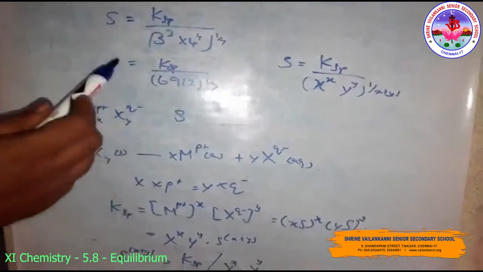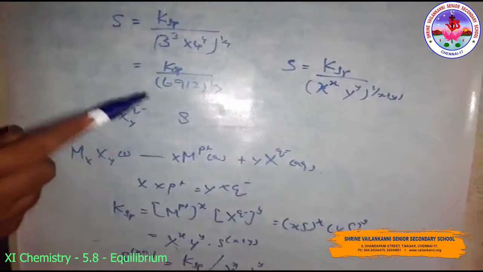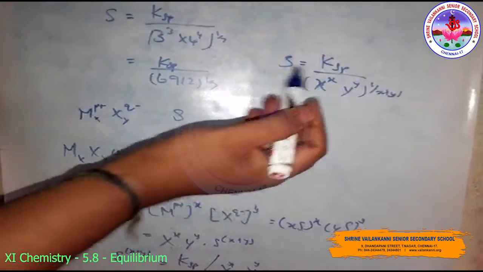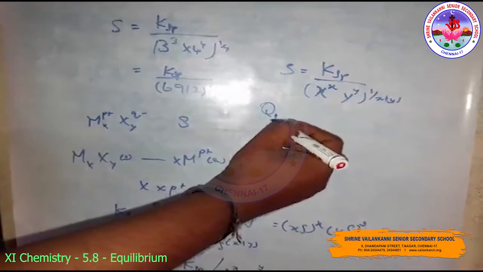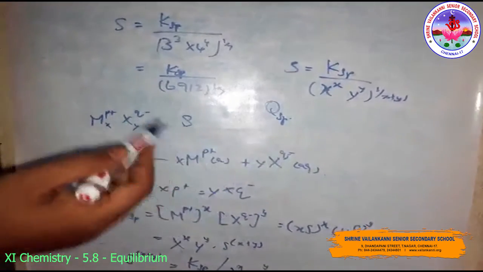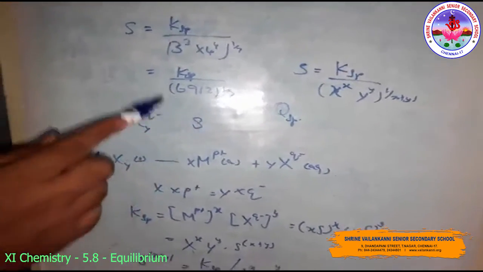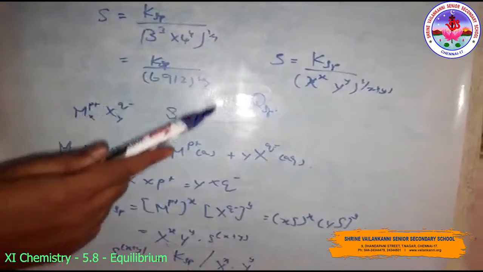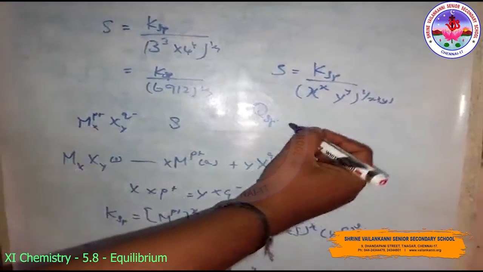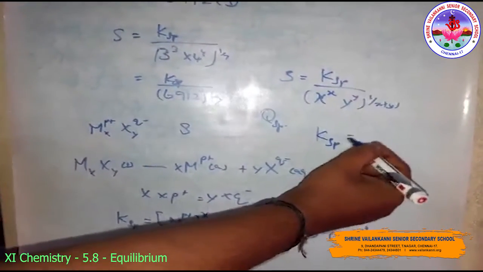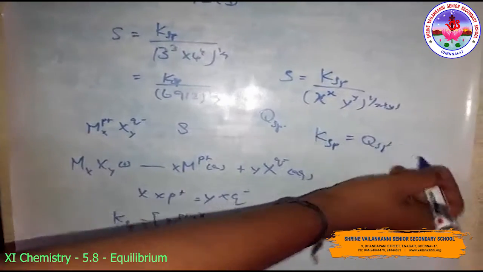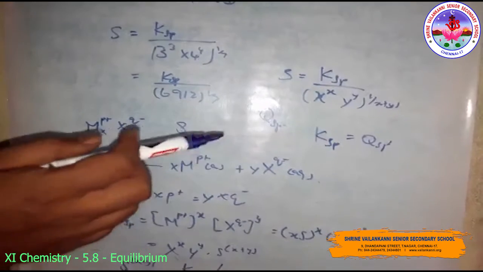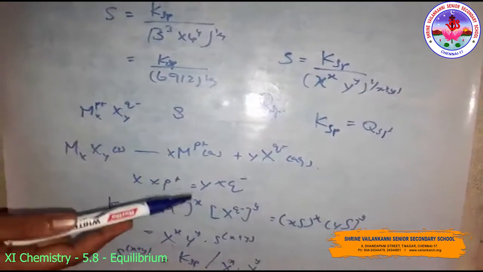So in the Ksp equation, already we have seen that this Qsp is the concentration of the one or more species not under equilibrium concentration. Obviously under the equilibrium condition, Ksp is equal to Qsp, but otherwise it gives the direction of the process of precipitation or dissolution.